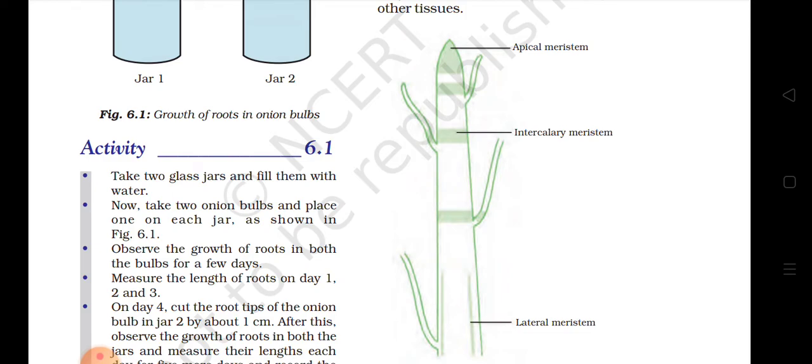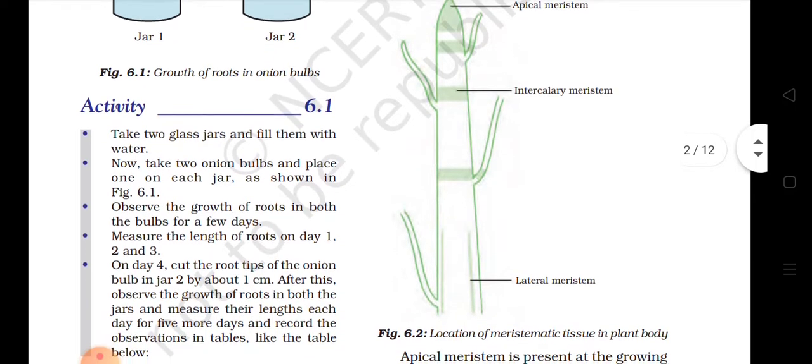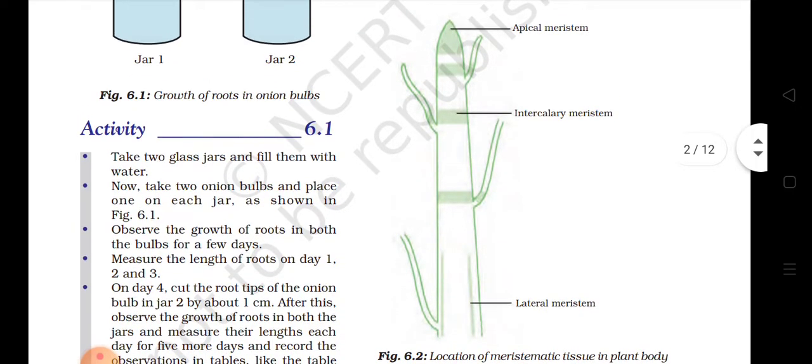Just now I told you that these meristematic tissues are present in the growing region of the plants. Okay. Now apical meristematic is responsible for the growth of the tip. Okay, growth of the tip.